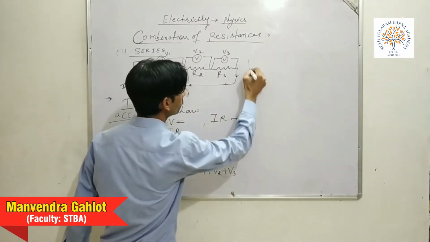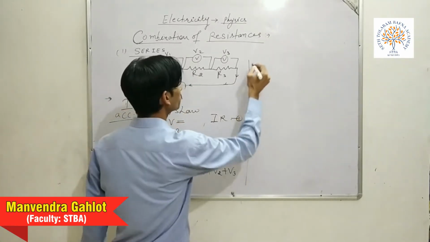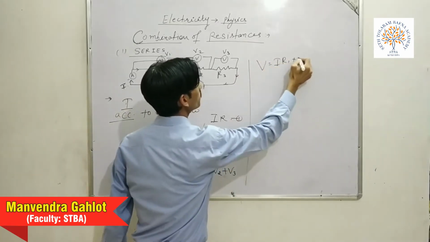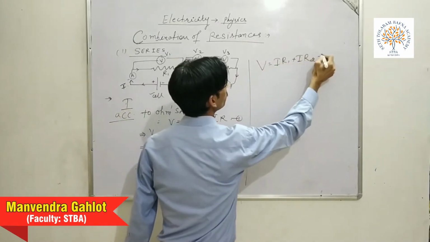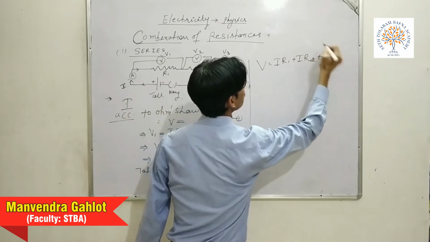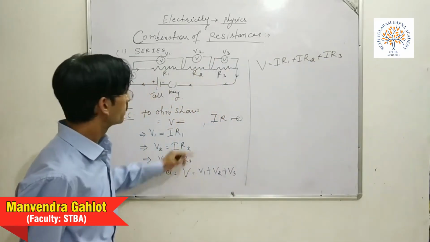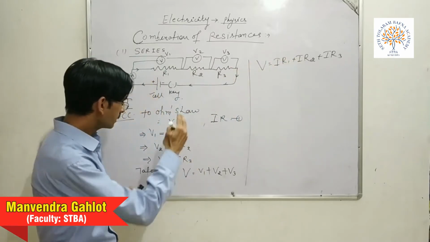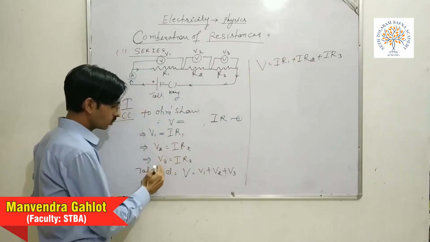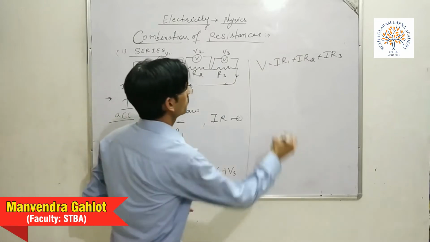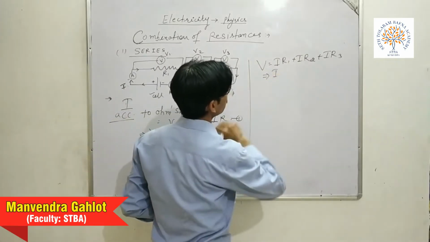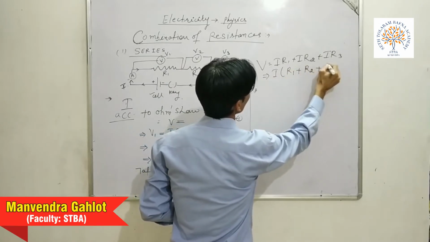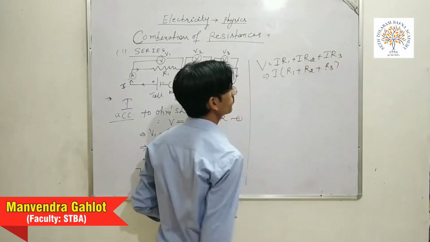V equals to IR1 plus IR2 plus IR3. Such as I is common from this: I times R1 plus R2 plus R3.